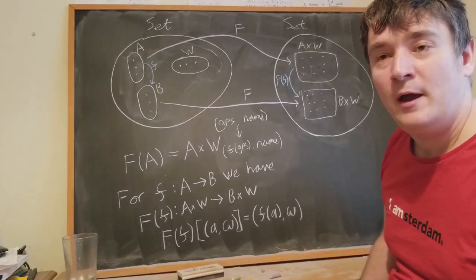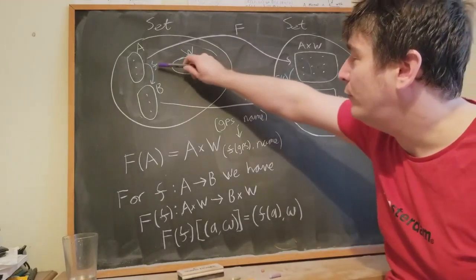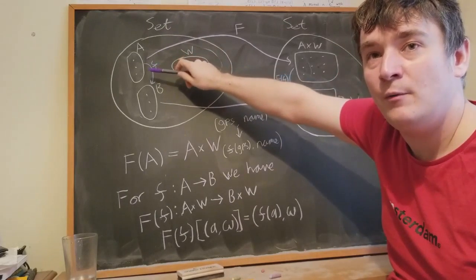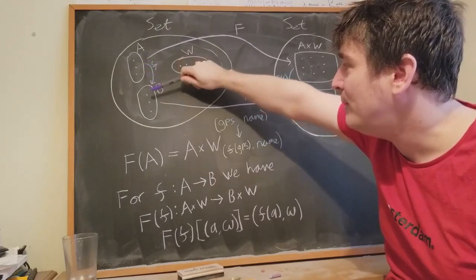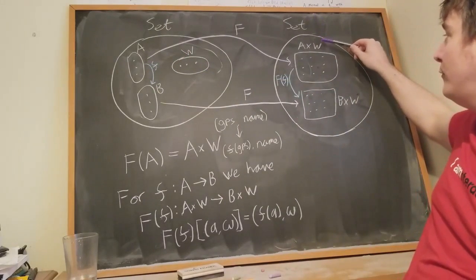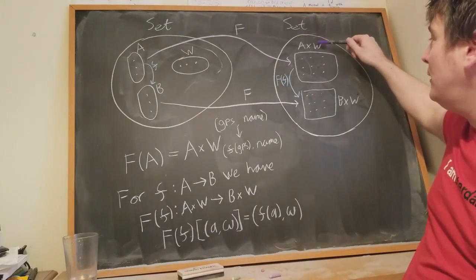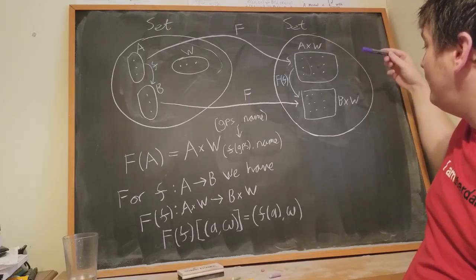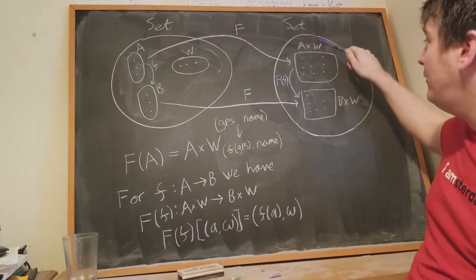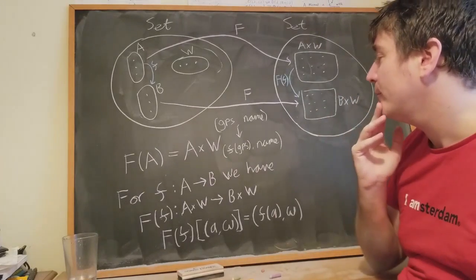If you wanted to do that kind of thing, you'd want to lift this function so that it wouldn't just be mapping A to B. You'd want to map A times W, the set of names, to B times W. And here this is the Cartesian product. We're just talking about pairs.